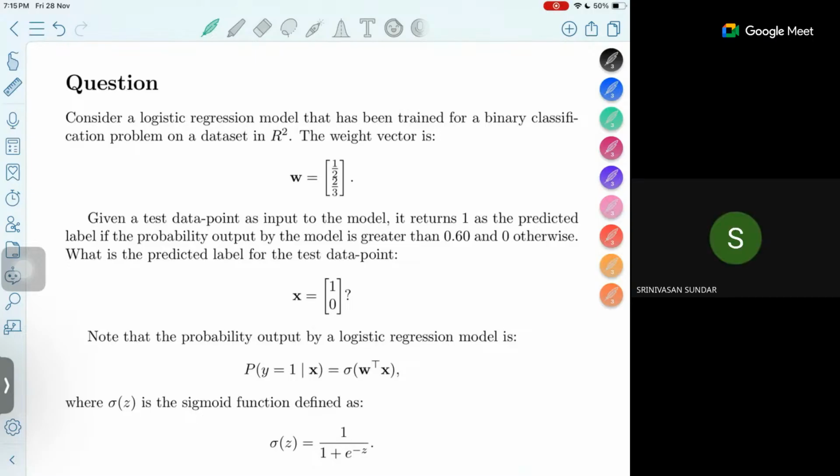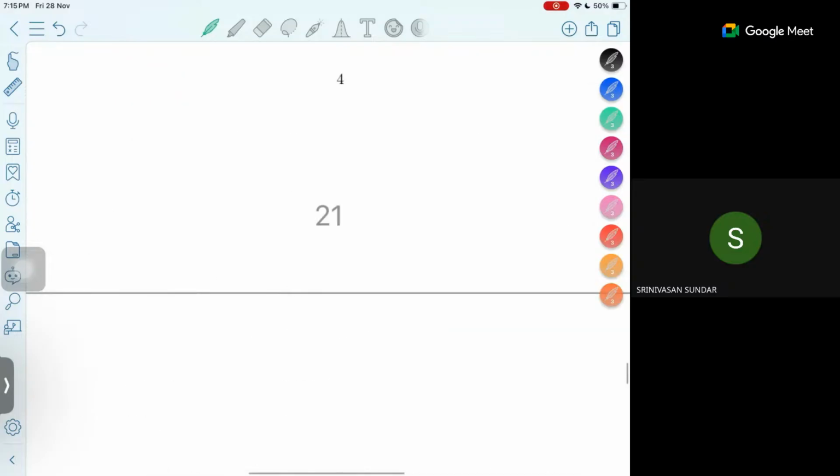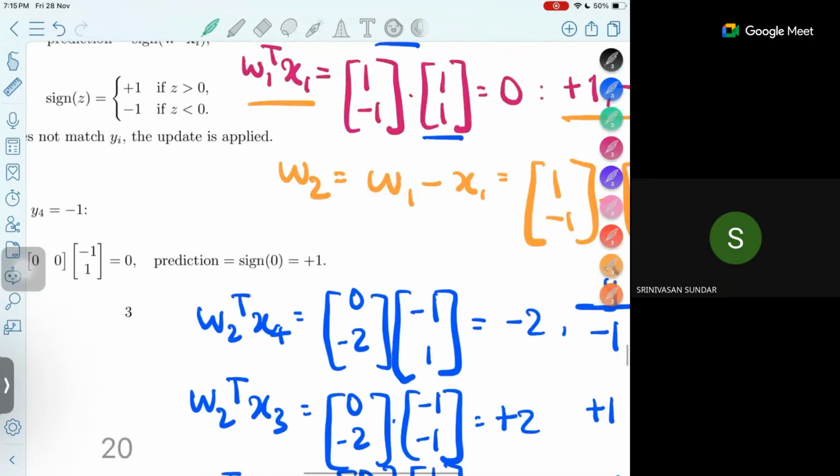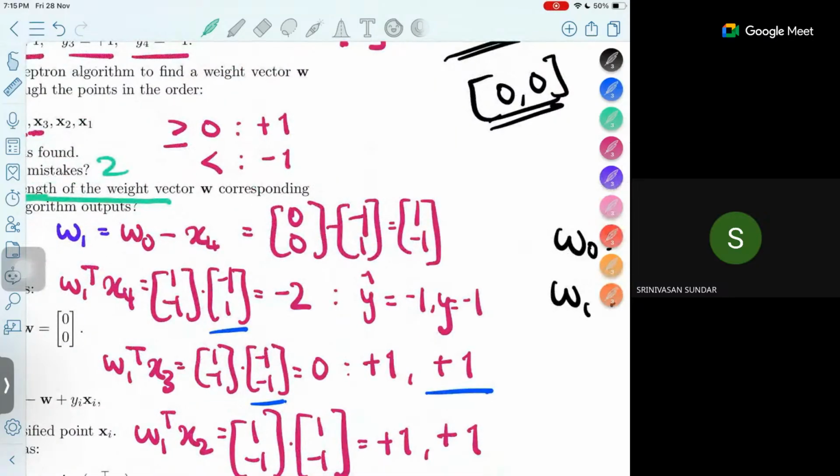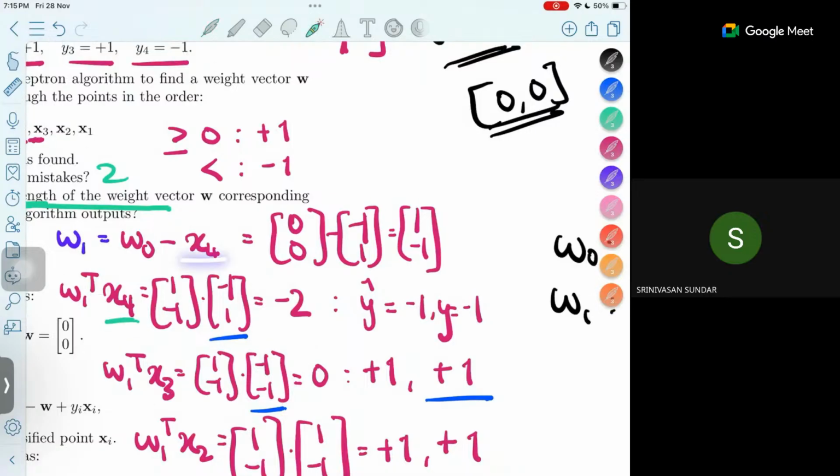The reason being, if you make a particular mistake, for example, let's take this question itself, right? We made a mistake for W0 with respect to the first point itself, which is x4. The first point was x4, right? So it made a mistake with respect to x4 itself. And after that, we did not even check W0 with x3, x2, and x1.